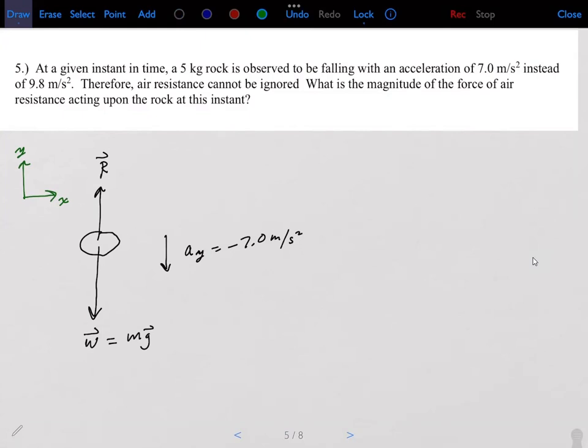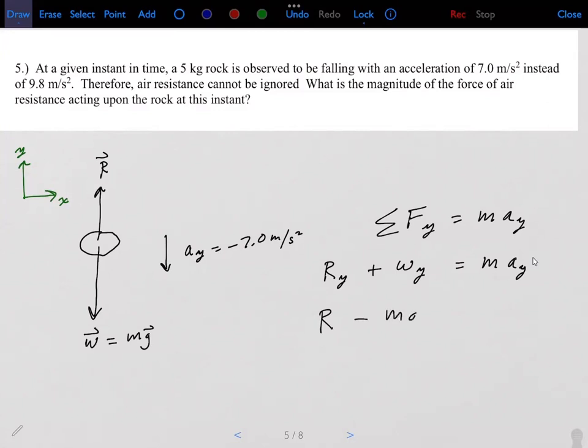Okay, so now let's apply Newton's second law to the y direction. So the sum of the forces in the y equals MAY. So now I want the y component of the air resistance force plus the y component of the weight. That's got to equal MAY. Well, the y component of the air resistance is all of R, and it's in the positive y direction, right? So that's just R. The y component of the weight is all of the weight, but it's negative.